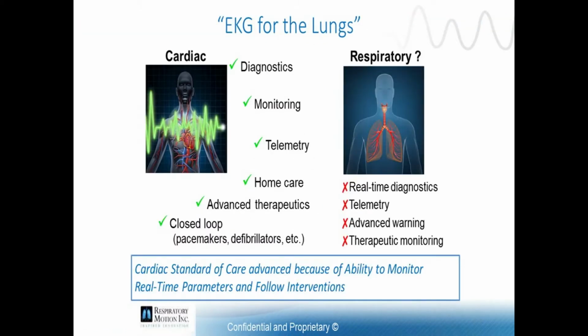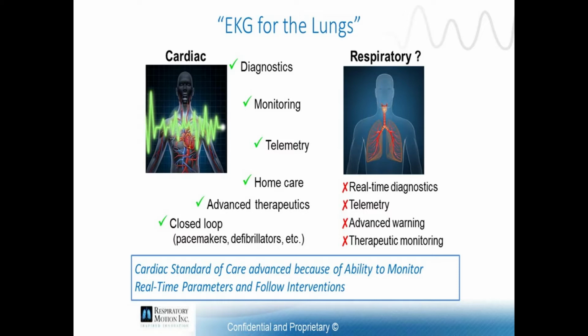Cardiac standards of care have advanced because of the ability to monitor, in real time, parameters provided by an EKG. An EKG shows early signs of cardiac problems that would benefit from treatment, and by watching changes in the EKG, you can also follow the effects of a variety of therapeutic interventions. Like T waves indicating myocardial ischemia could then be treated by nitroglycerin or stenting or coronary bypass.